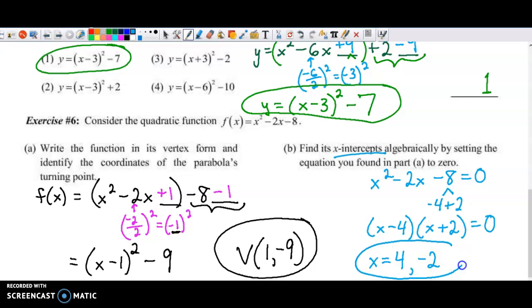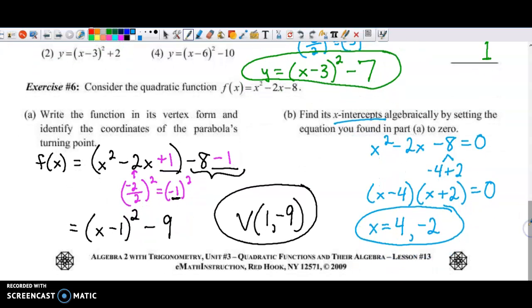And one more thing before cutting you loose for the homework: you should notice, I don't know if you did, that the vertex needs to be halfway between the x-intercepts. This is why there are a lot of ways of figuring out the turning point or the vertex, because the x value needs to be halfway between the x-intercepts.